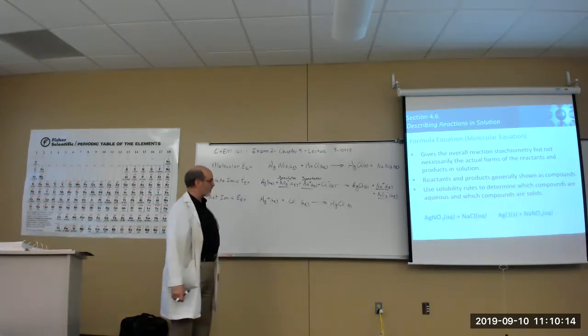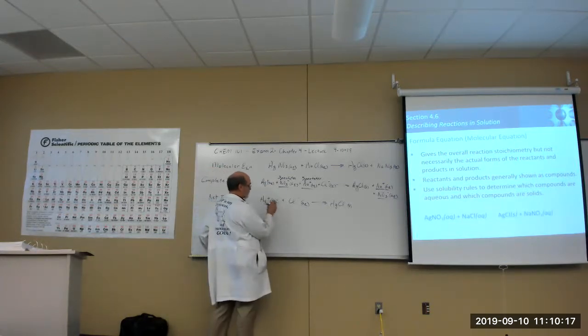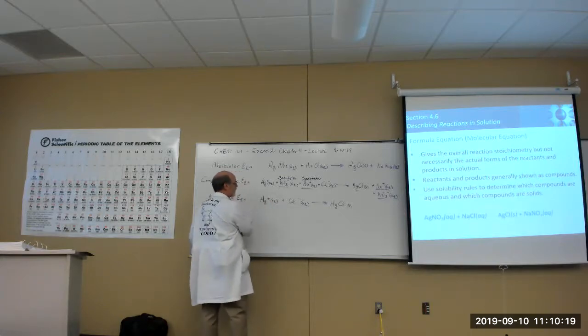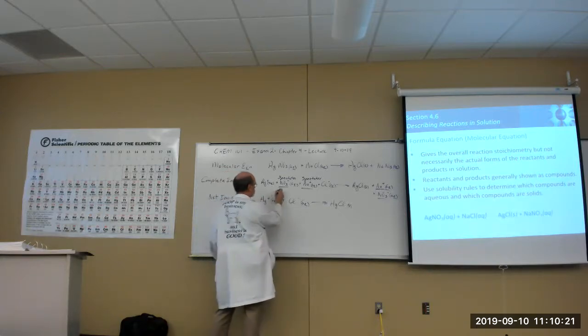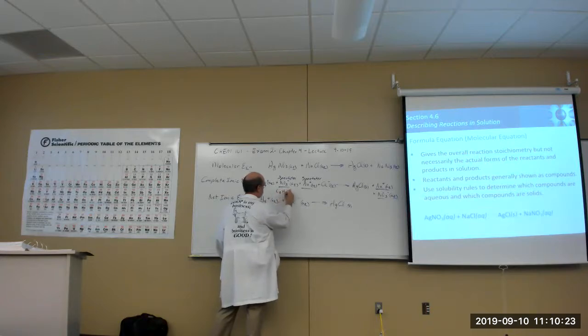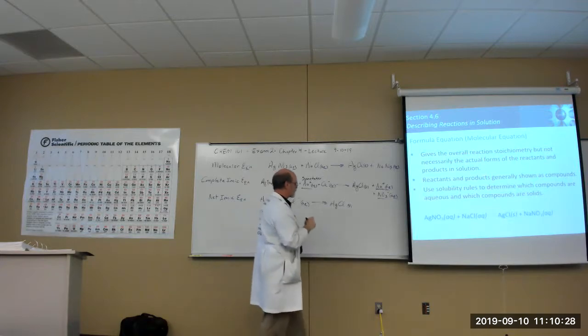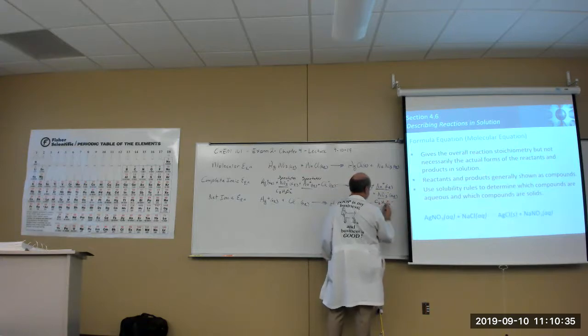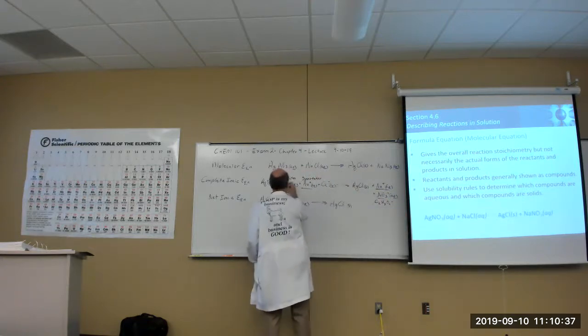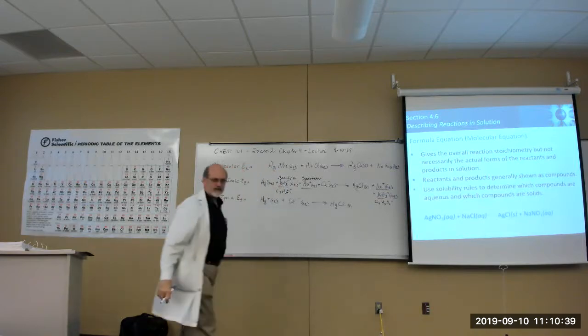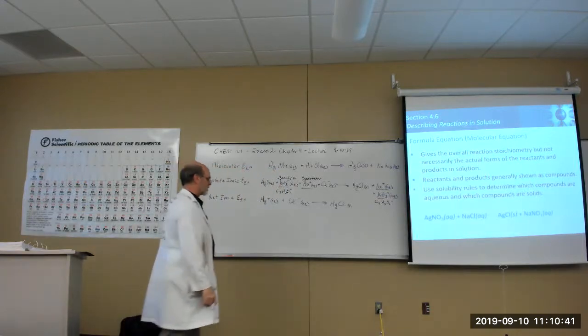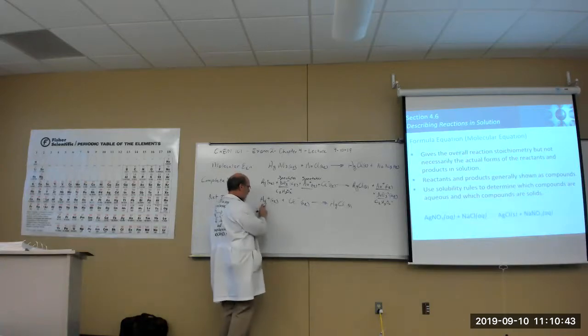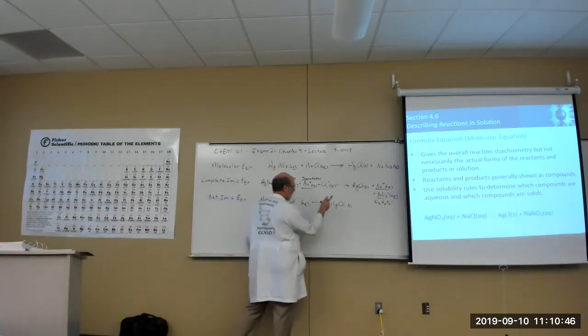Well, let's see, there are several possibilities. Nitrate's the best one, but suppose we only have silver acetate. Will it still be soluble over here? Sodium acetate is soluble. C2H3O2. Right? So now we have acetate instead of nitrate. Will the reaction be the same? Exactly the same. You'll still react silver with chloride and get silver chloride.